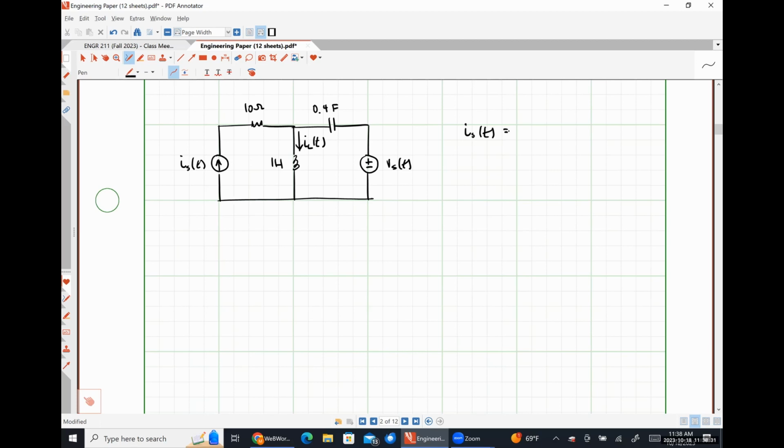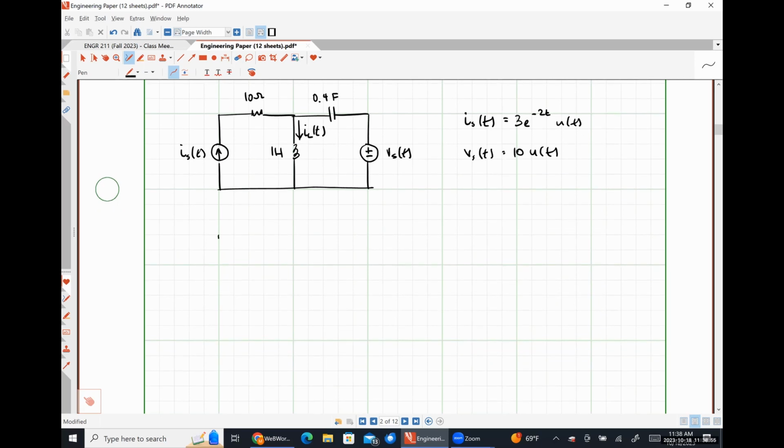Let's say that IS of t is 3e to the negative 2t u of t. Vs of t is just 10 u of t. So that we don't have any initial conditions, because I don't want to make this harder than it needs to be.